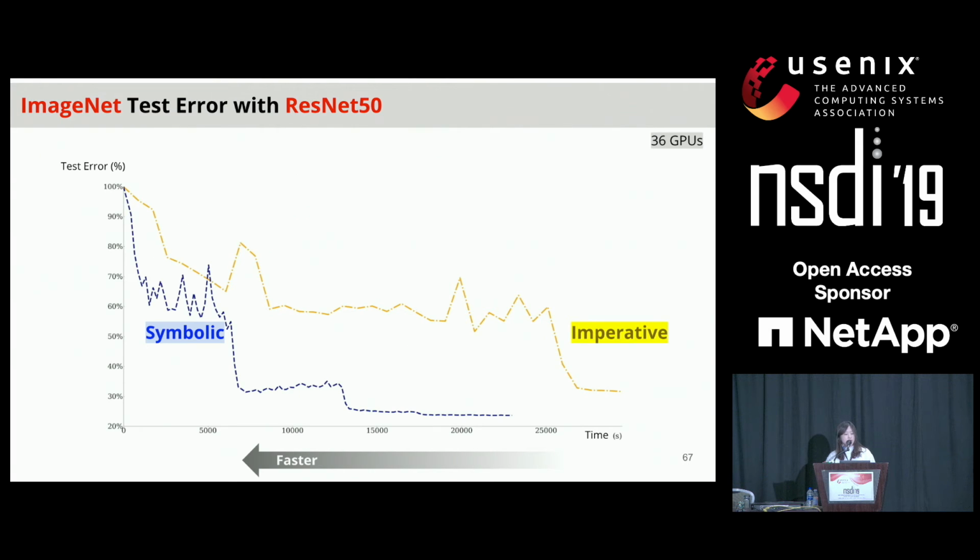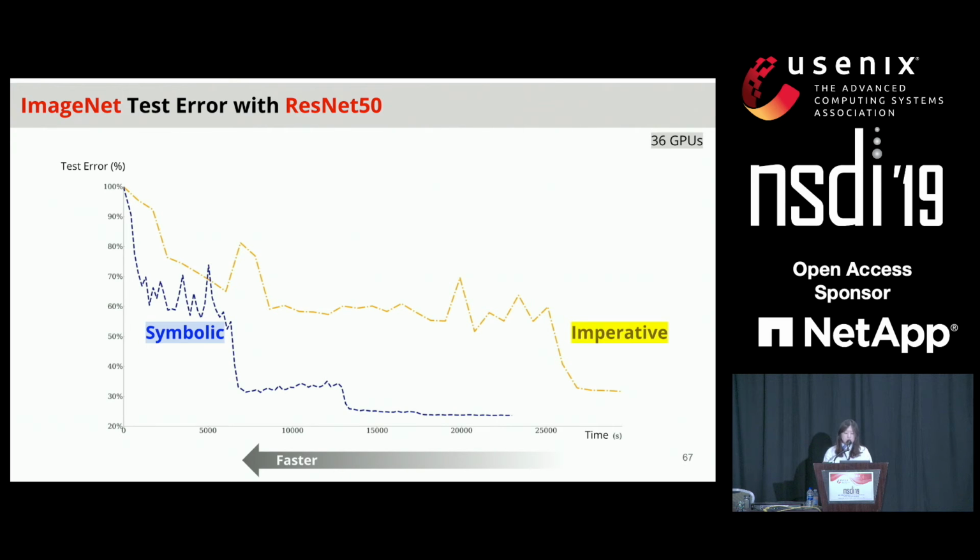Let's first take a look at the convergence graph. This graph illustrates the ImageNet test error with a ResNet 50 model on 36 GPUs. The x-axis represents the training time, and the y-axis represents the test error, meaning that the throughput is higher if the line is on the left side. The blue line is for symbolic graph execution, and the yellow line is for imperative execution.